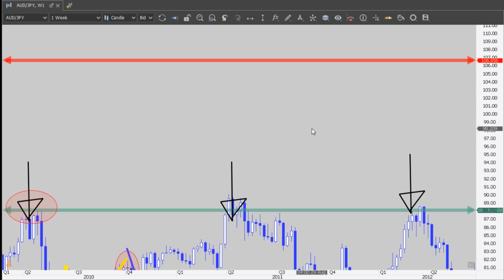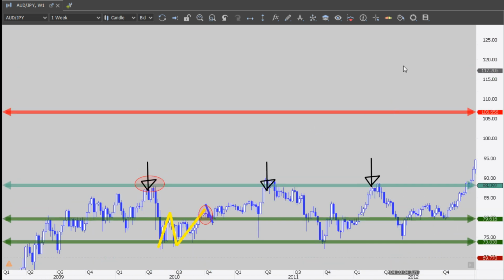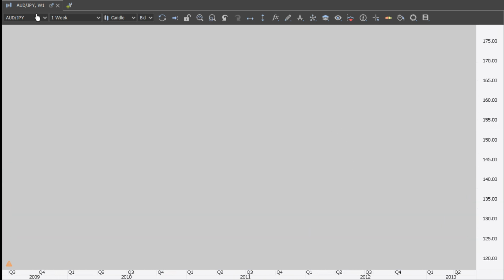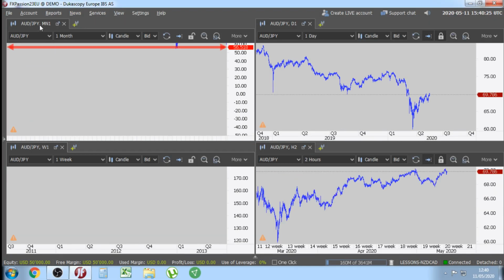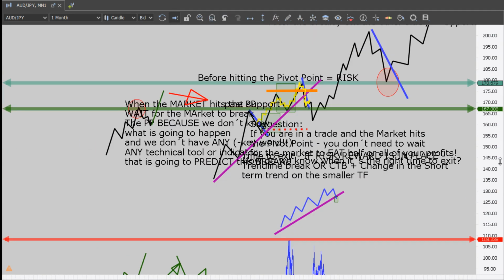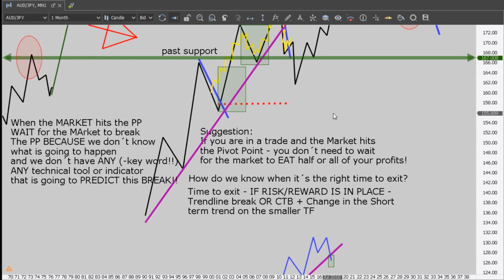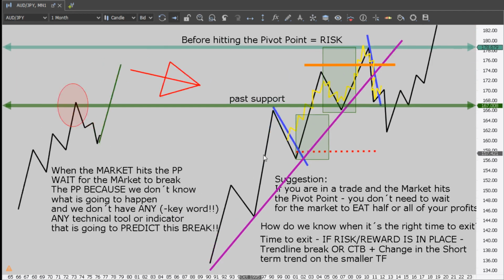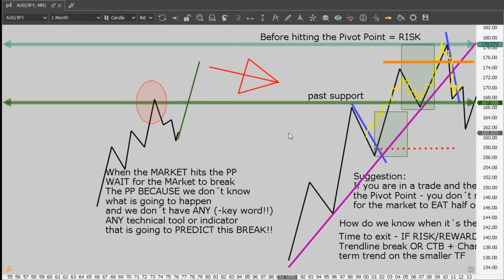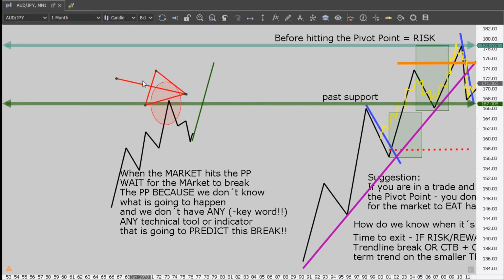Zuelius asked, and then finally, of course, the market broke the pivot point, but Zuelius was asking, when we are out of the trade, where is the right time to enter? And we made a poll, and some of you said, wait, and some of you said, well, let's go.